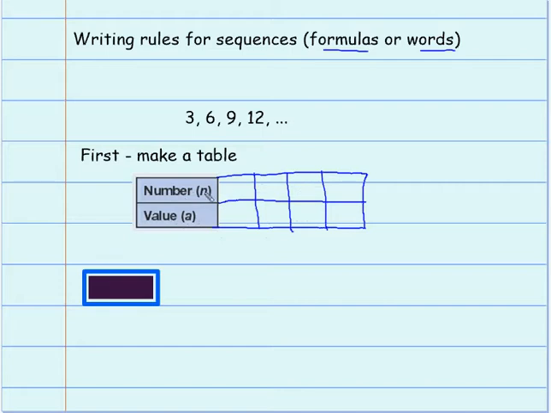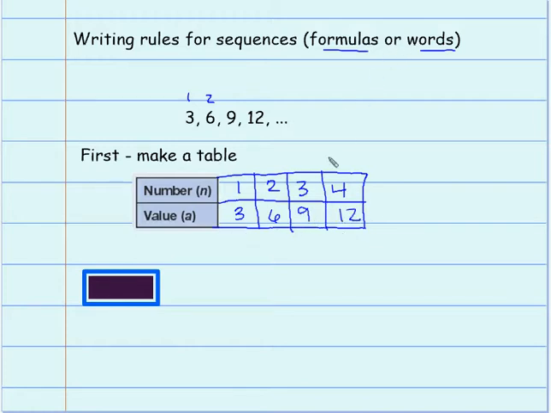And we're going to put in the number. Now your number, this is the term number, so it should be 1, 2, 3, 4, because this is the first term, this is the second term, etc. The value, those are the ones that are listed, 3, 6, 9, 12.